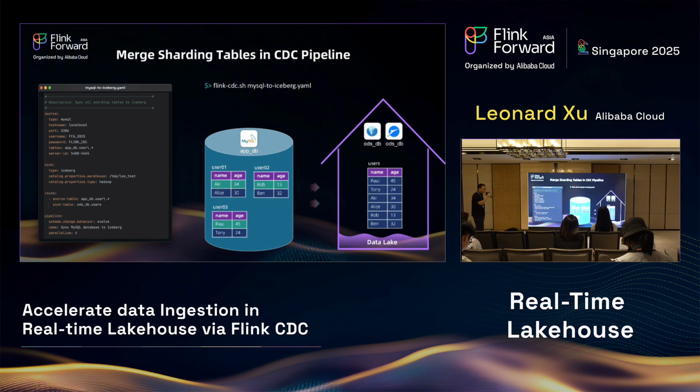And another common use case is merging sharding tables in a CDC pipeline. In this case, we only need to care about the route part. Sharding tables are very common when your business expands to a huge scale.